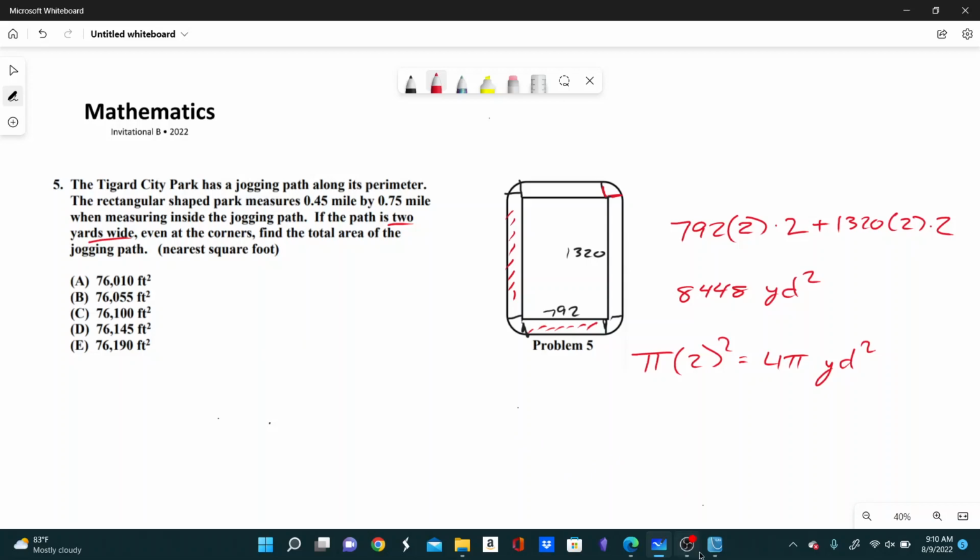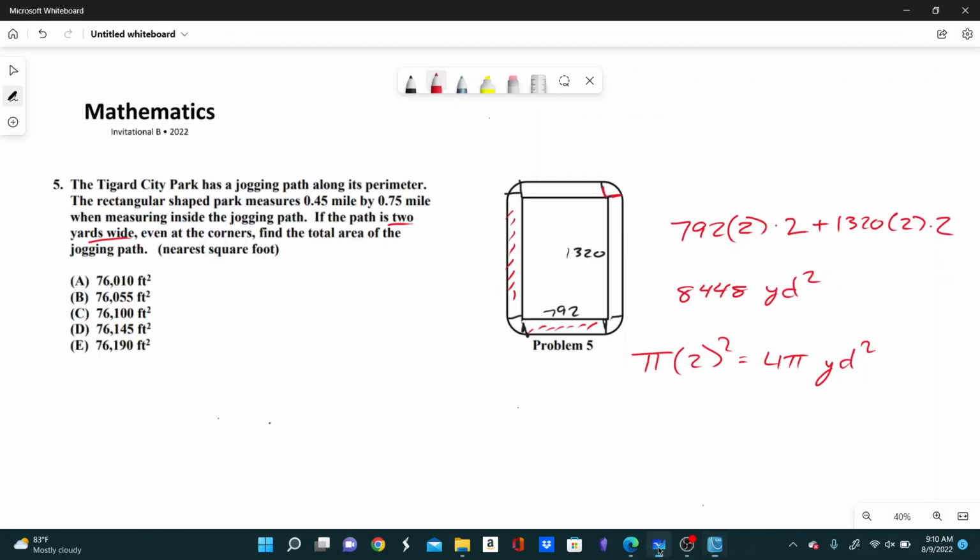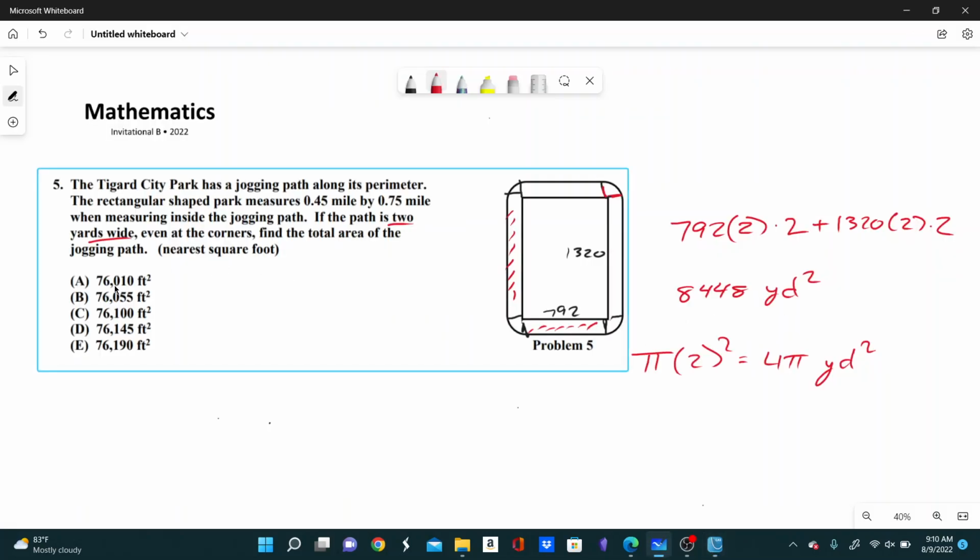So if I add that to the 8,448, so plus 4 pi, we get this many square yards, 8,461 about. So let's see if that's an answer choice. And it doesn't look like it, but the reason is that all these answers are in square feet.